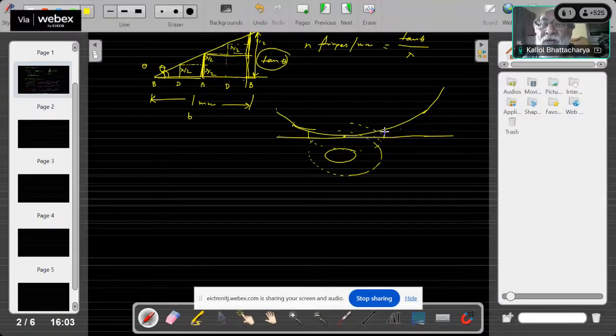So as you are going outwards, the gradient is increasing very sharply, and the fringe density will keep on increasing. This is exactly what you get in Newton's fringes. So the famous Newton's fringe experiment, the fringes you see are basically the superposition of a spherical wavefront and a plane wavefront.